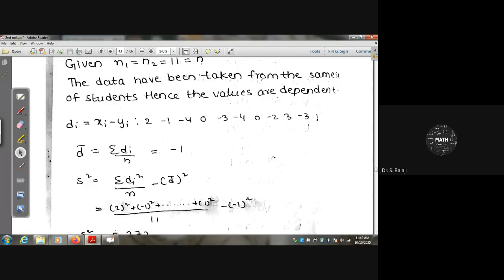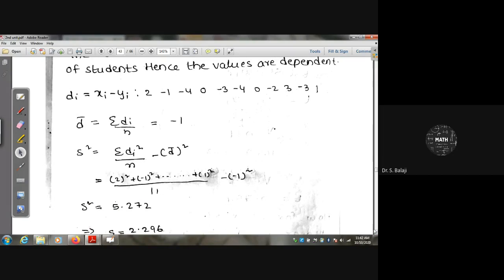Now you have to calculate S, the standard deviation from the deviations. That will be the summation of Di square divided by n, minus D bar square.